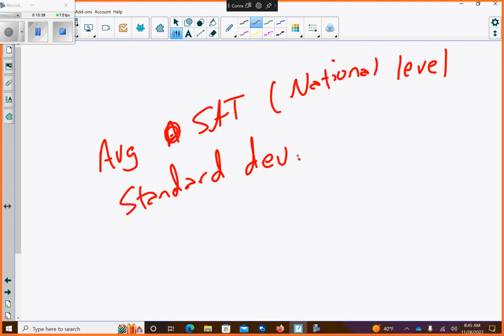Please. So average ACT or SAT score and standard deviation. Do we have something? $10.60 is the average. Okay. Do we have a standard deviation they gave you?